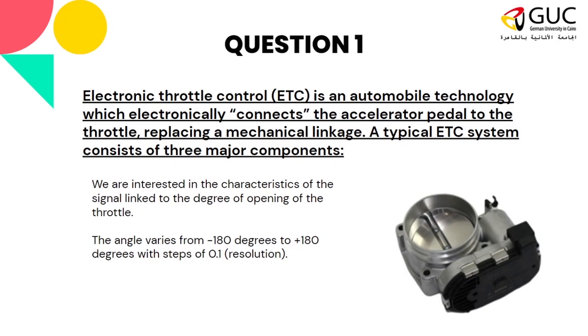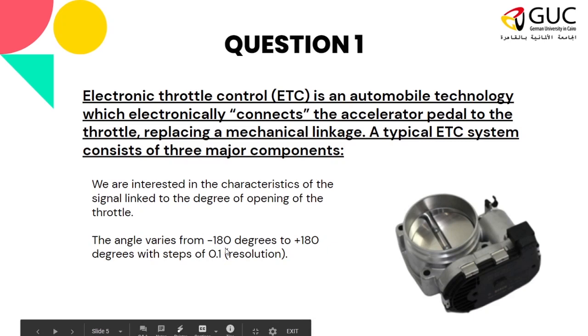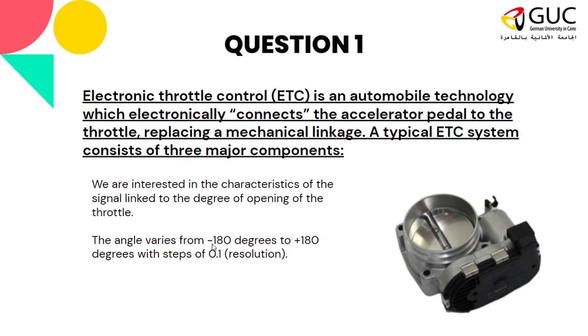So the force that you put on the pedal is converted via that throttle, which has an opening angle of negative 180 to positive 180, with a resolution of 0.1, meaning that we go 0.1, 0.2, 0.3, 0.4, and so on and so forth.